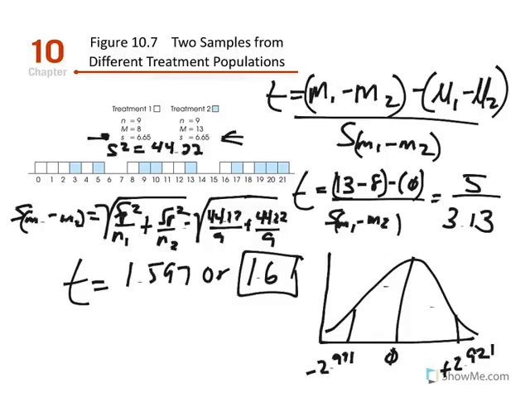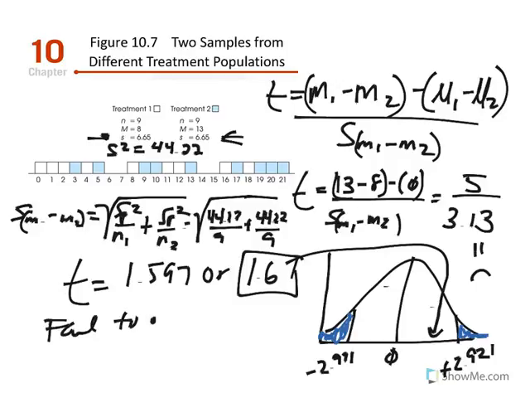And now we're going to assess where this t-statistic resides. Again, the critical region, the blue areas, are the ideal place in which we hope our t-value resides. In this case, we see that it is less than our critical t, and therefore we fail to reject the null because the t-value is not significantly different from 0.